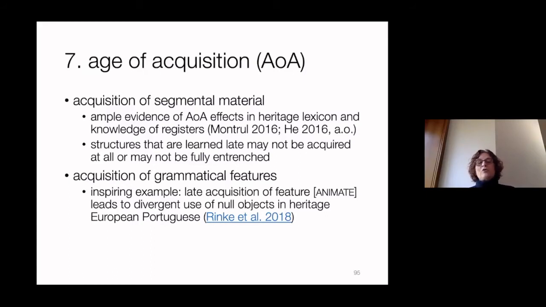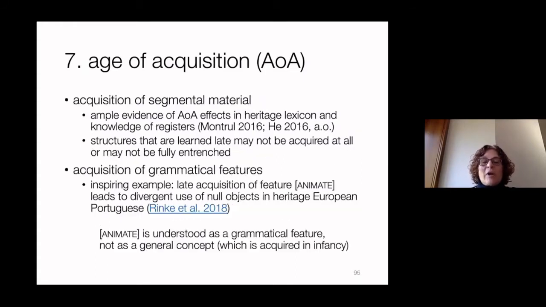And that leads to a different use of null objects in heritage European Portuguese. In particular, because this feature is acquired late, you don't have minus animate on null objects. So you've got a totally different system, which could be due to this late acquisition of an abstract grammatical feature.